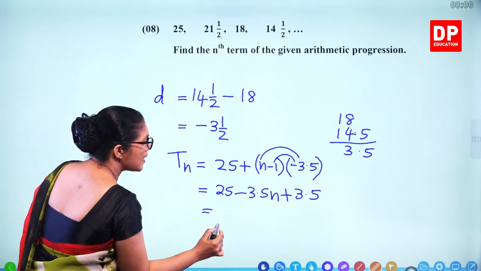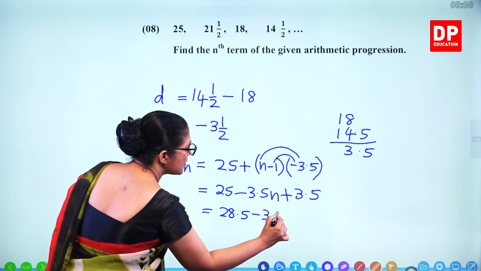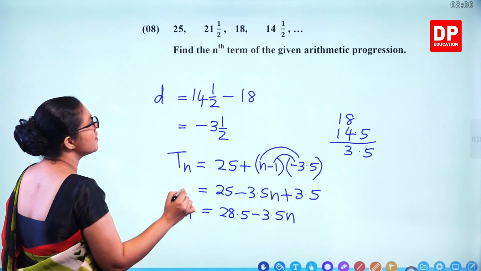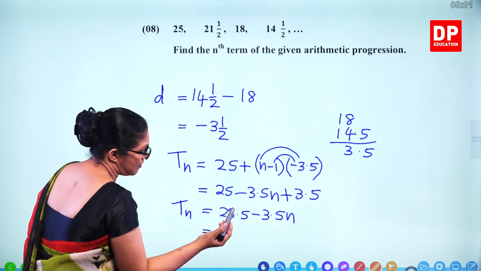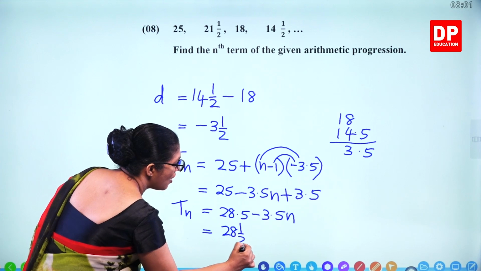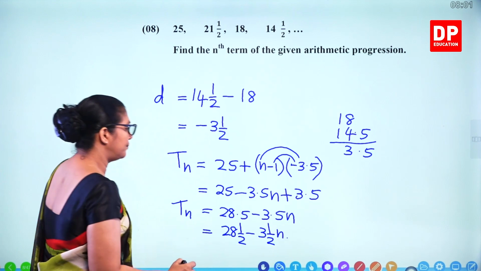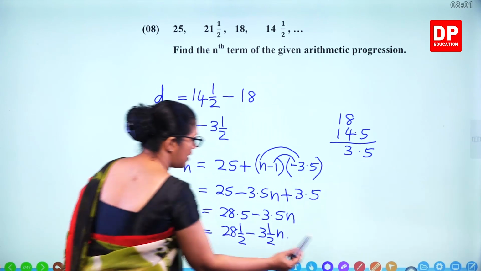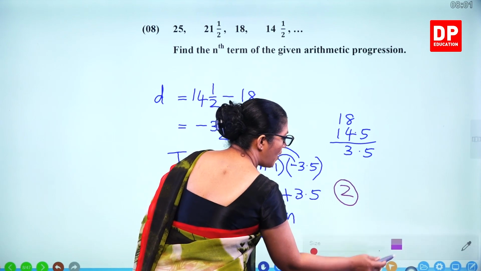So 25 plus 3, 28.5 minus 3.5 n. That's the nth term or general term. So you can rewrite as a fraction, 28.5 minus 3.5 n. So you get 2 marks. You can keep the answer in decimals or fractions. Both ways you get full marks.